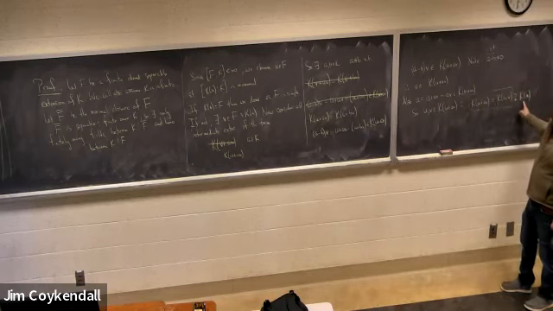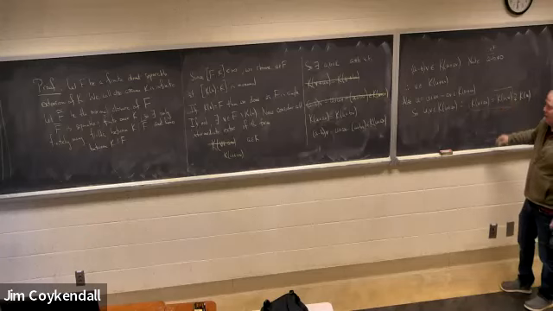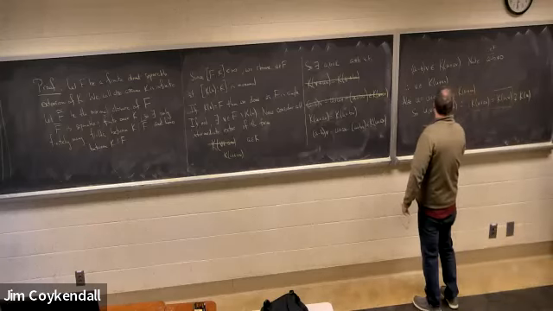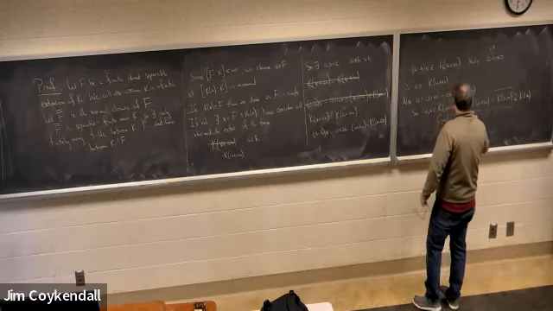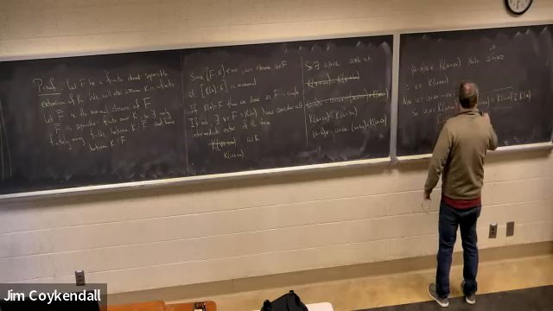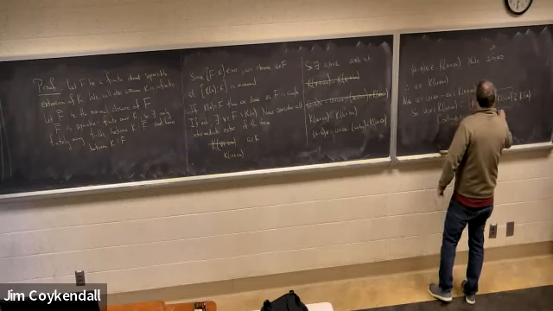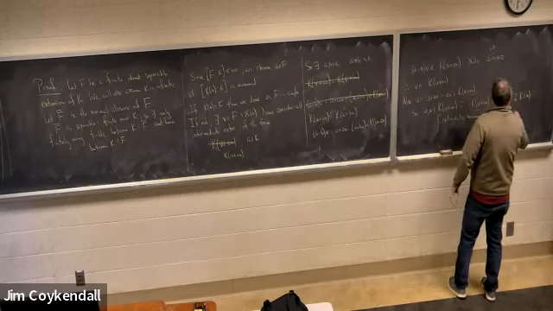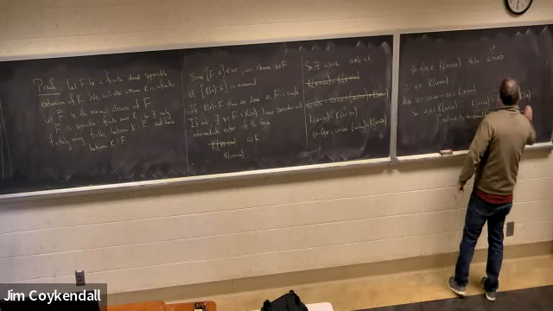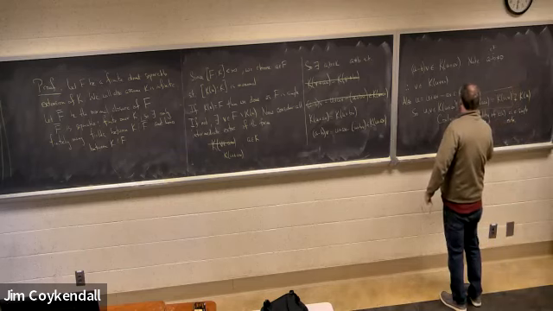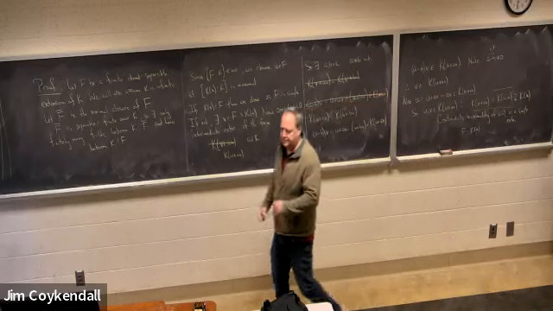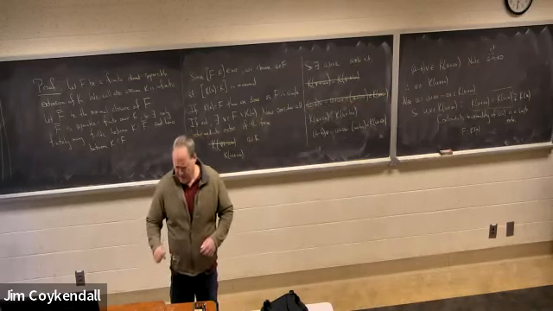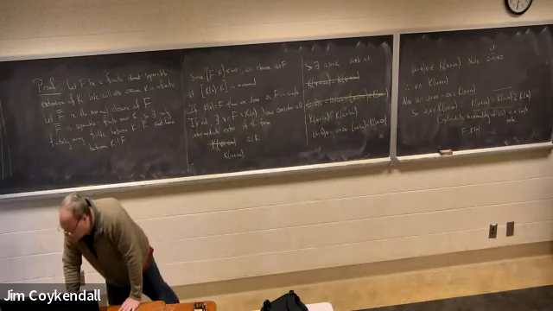It strictly contains this, and that contradicts the maximality of K of U as a simple extension. So we conclude that F equals K of U, and so there you have it. Okay, any questions?